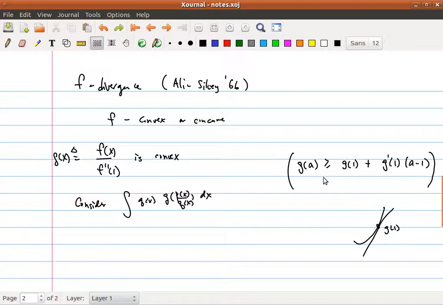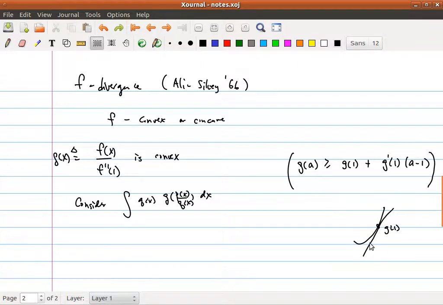In this case, it's just saying that this function g is always bigger than or equal to the tangent line that intersects at 1 here. This line is expressed by g(1) plus g'(1) times (a minus 1). Of course, I can also consider this a Taylor series expansion up to the first order.